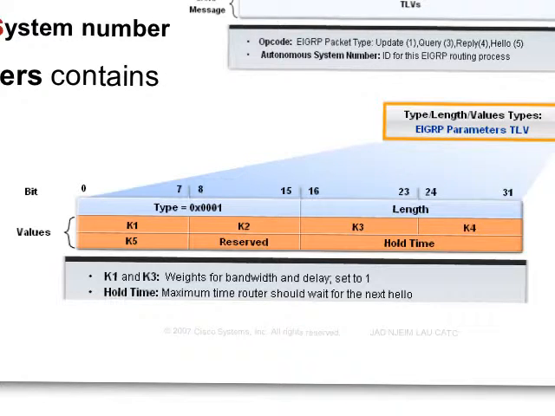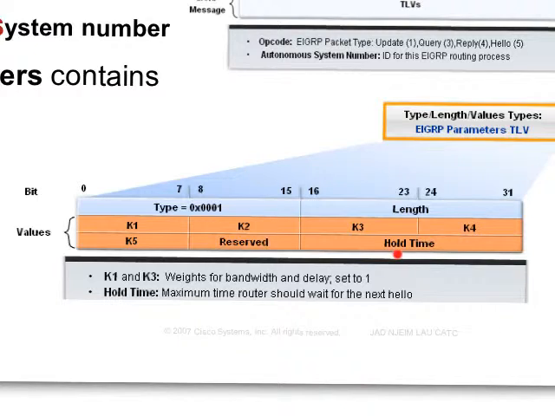Things are starting to get close to each other, so pay attention to these differences. The autonomous system field here indicates the process ID. Also, hold time here is different from the hold down timer that we talked about earlier. The hold down timer is still valid for all distance vector routing protocols.